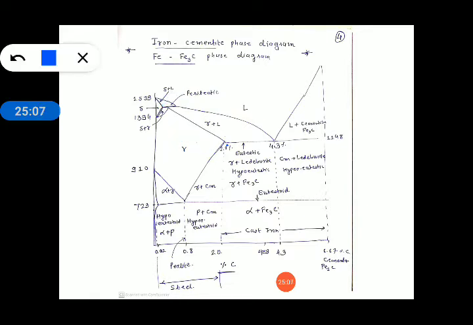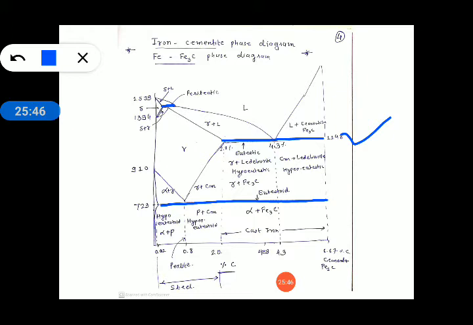In this line the carbon percentage is 2.1, and at this point it is 4.3. So the carbon percentage is increased, and the solubility of carbon is increased. This is the peritectic reaction at 1495 degrees centigrade, this is the eutectic reaction at 1148 degrees centigrade, and this is another isotherm line.